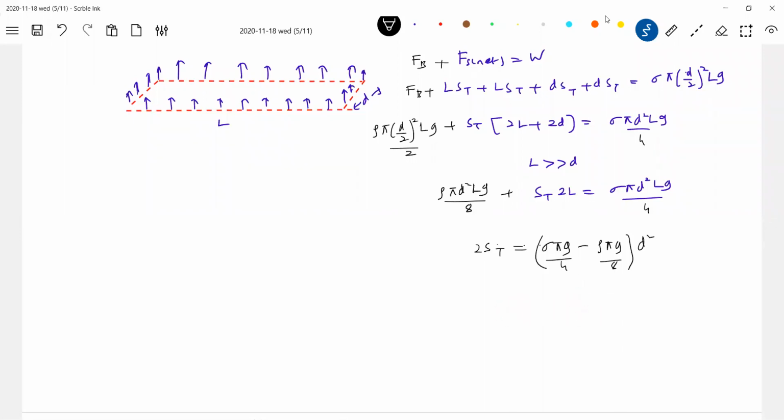One more step, I'll do it. 2 ST, this will be 4 ST. If you take 4 common, 8 ST will become 8 ST. Pi g also will come outside, no? Sigma, 2 sigma minus rho.